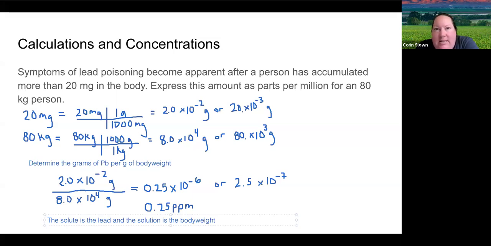But what if it was a 10 kilogram child, right? Or an infant, right? All of a sudden, then the concentrations or the exposure, right? The dose is what makes the poison in that regard. And so this is why being able to calculate parts per million or parts per billion is super important because sometimes you actually need very little. Hexavalent chromium is another example of something that's a common pollutant in water supplies, of which you need very little to cause cancer.